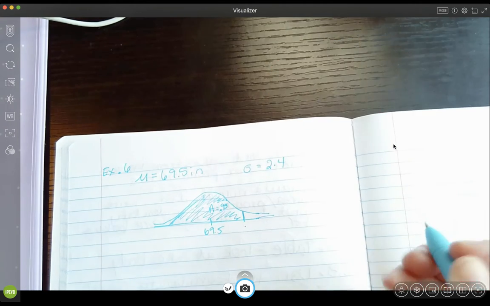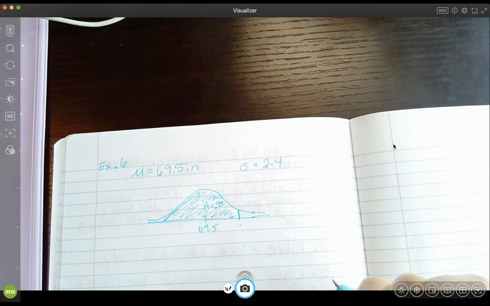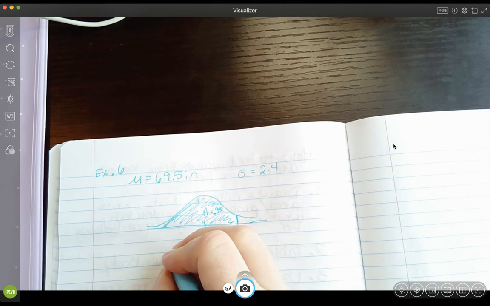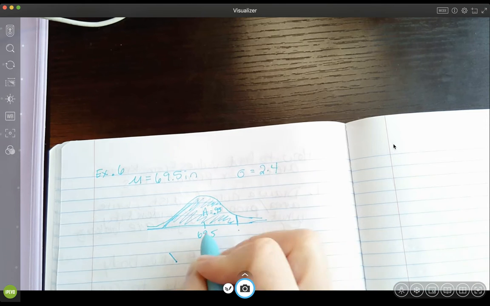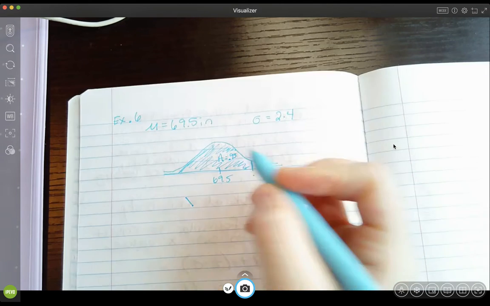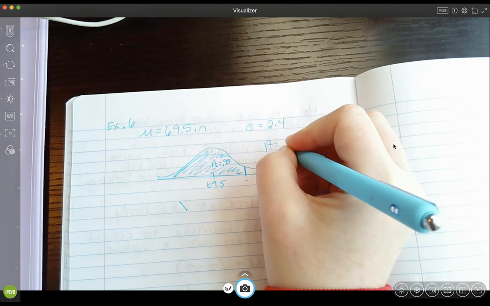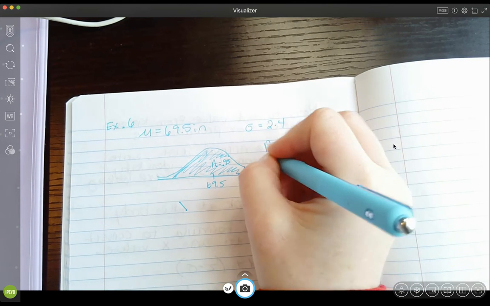So we need to find x. We first need to find out what that area is. So if the area equals 0.95, what is the z-score?